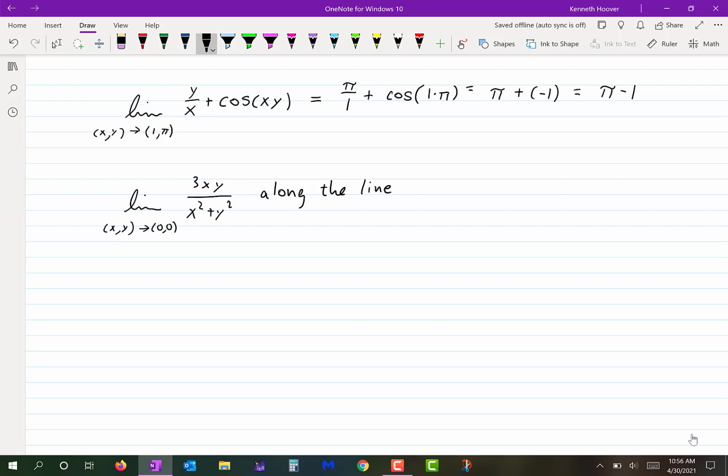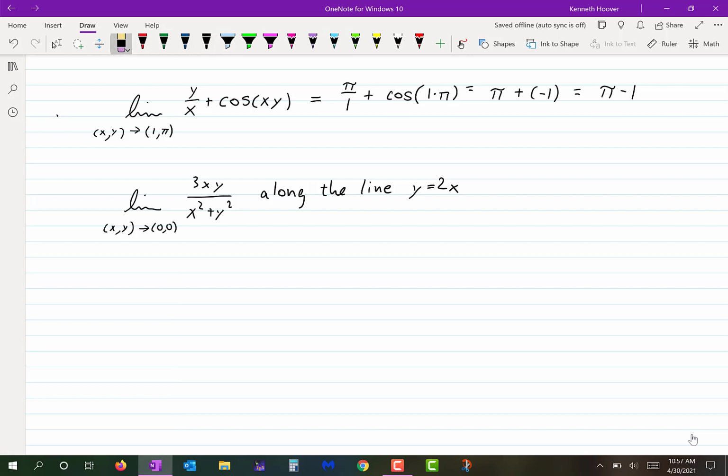How about if we say x equals 2y? Sorry, I meant to say y equals 2x. Okay, so what is it that I'm asking here? Let's just draw a picture here. Here's our domain. Okay, you're looking down here.